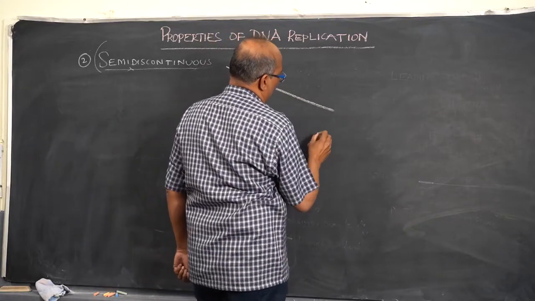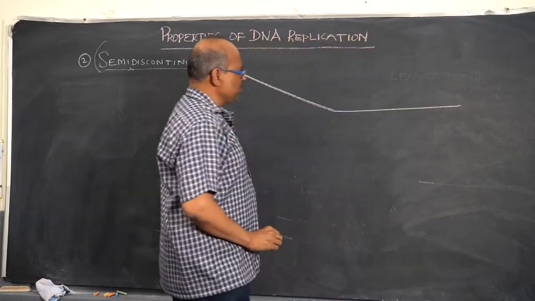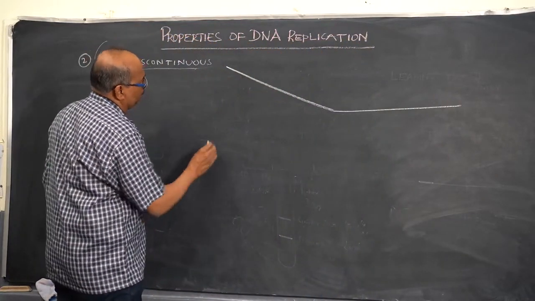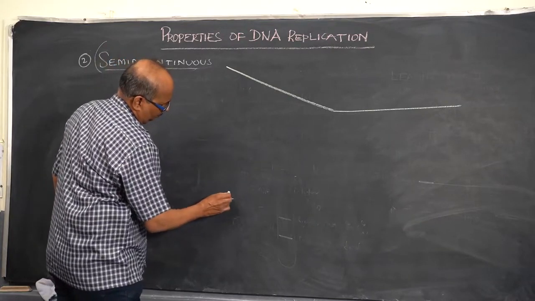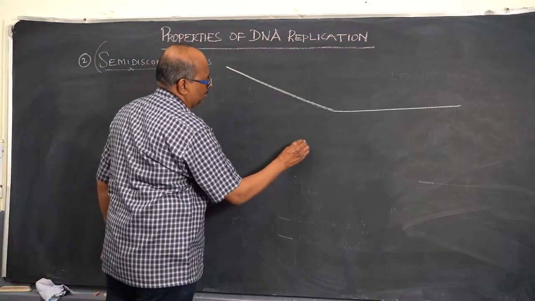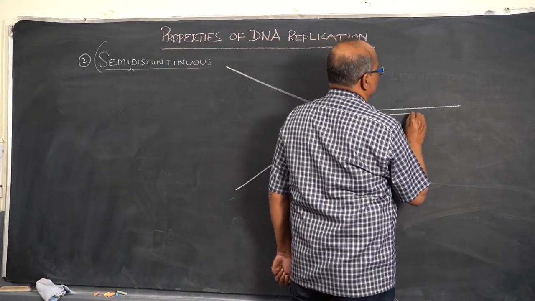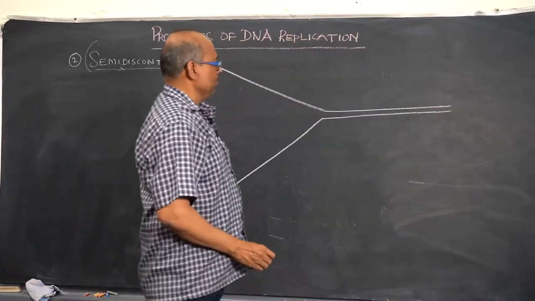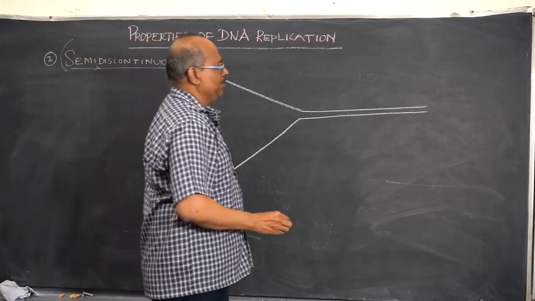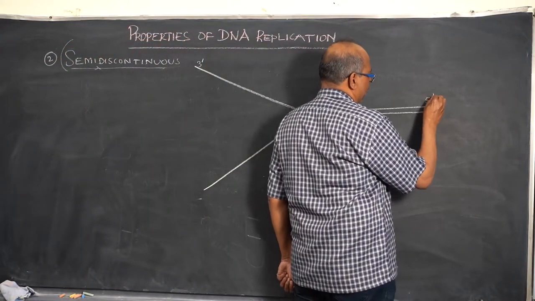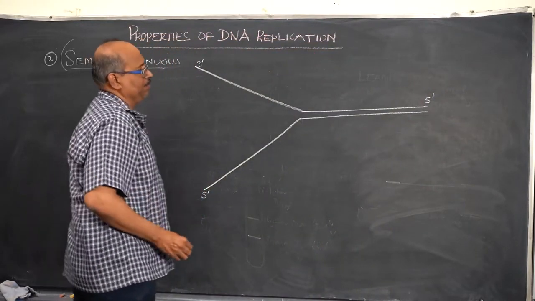So I am drawing one half of the replication. So this is one strand, template strand. This is another template strand. This strand, let us say orientation is 3'. This is 5'. In that case, this should be complementary, 5'.